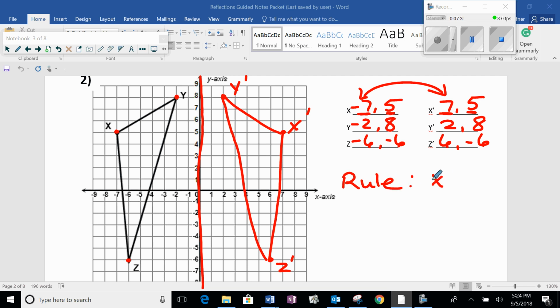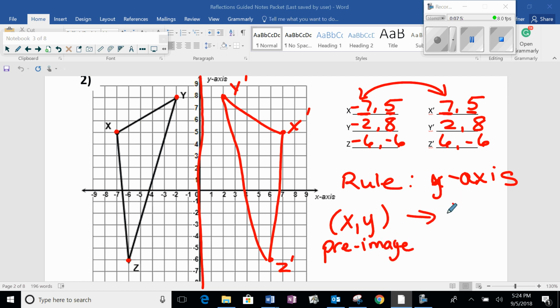For the y-axis reflection, we start with our original pre-image. And what happens when we go to the image? The x value changes signs, but the y stays the same.